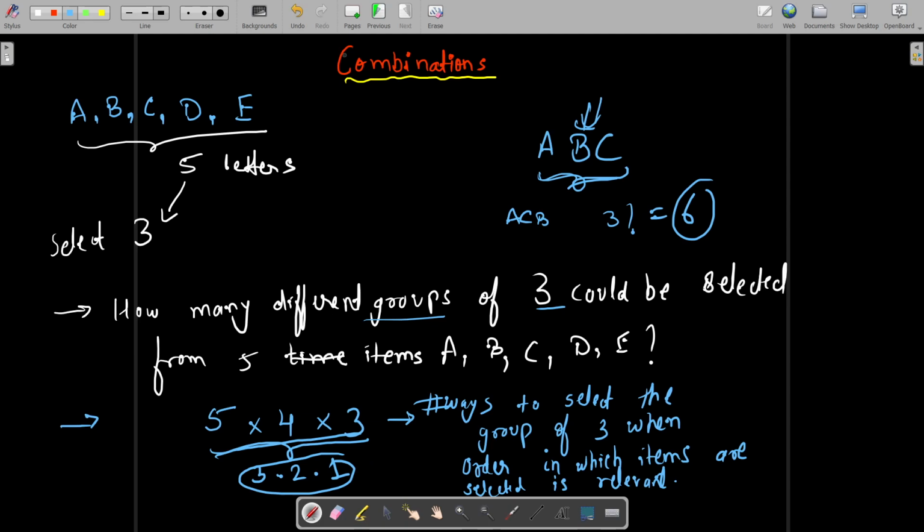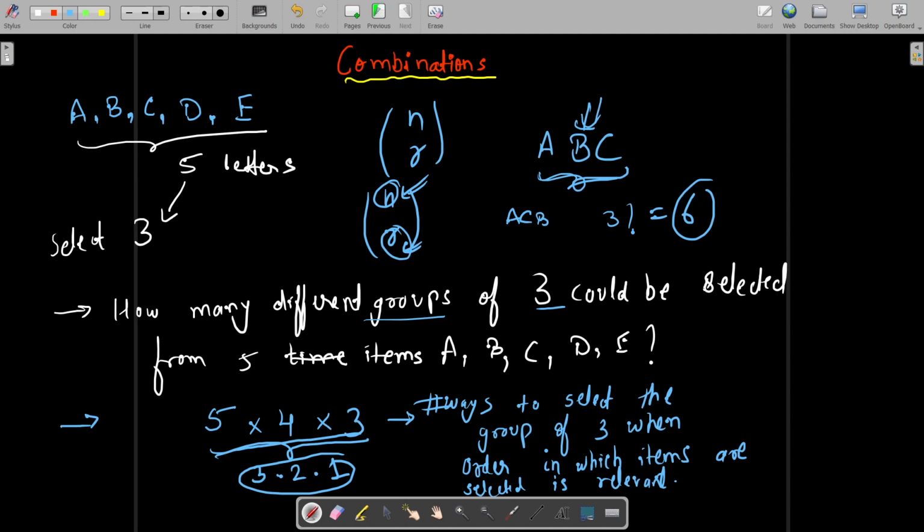So let's generalize this. This is a naive way. You might know the combination, NCR, which is written with a little bit bigger parenthesis and we write N and R. It's like the number of ways of selecting R items from N items, right? In total we have N and we are selecting R out of them.